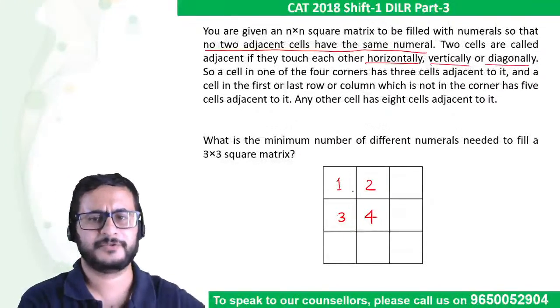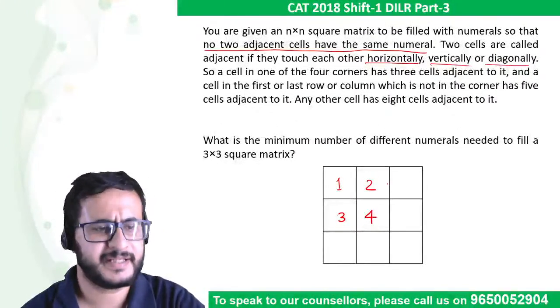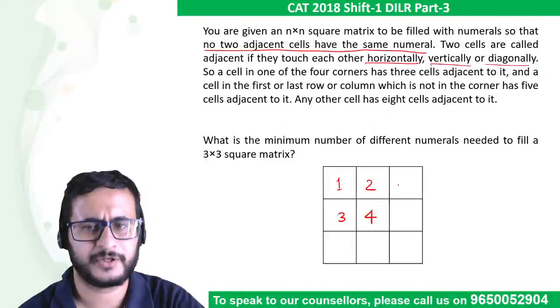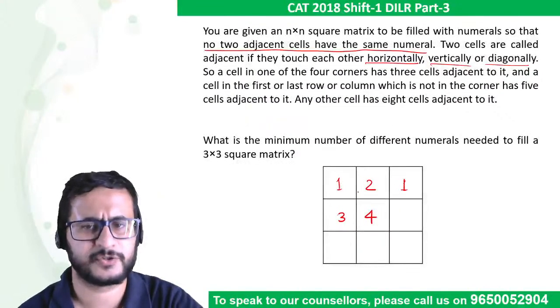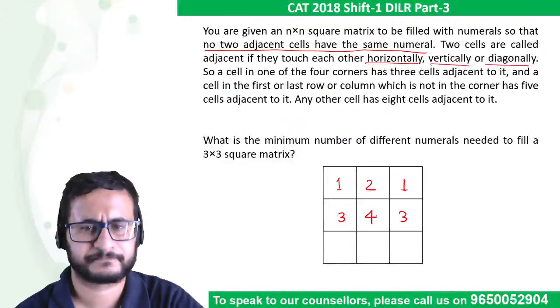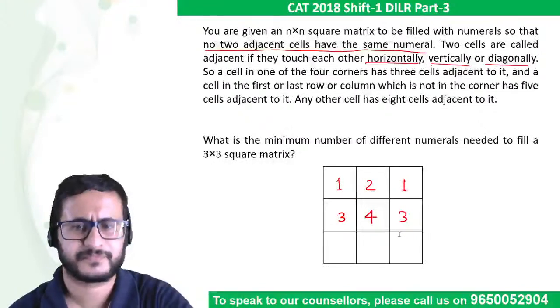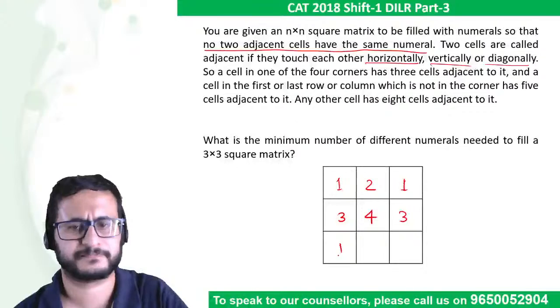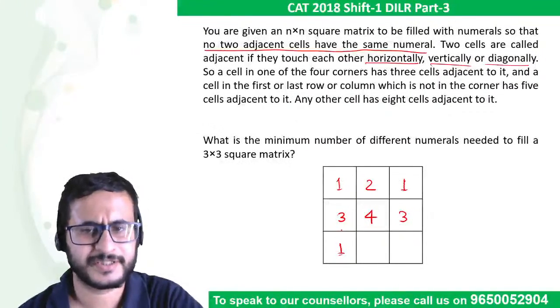Now coming to this cell, apart from 4, I can put 1 or 3. Let us put 1. That's fine, it is not adjacent. Now I cannot put 2 here, but I can put 3 here. Similarly, I can put 1 here also, not adjacent to this.